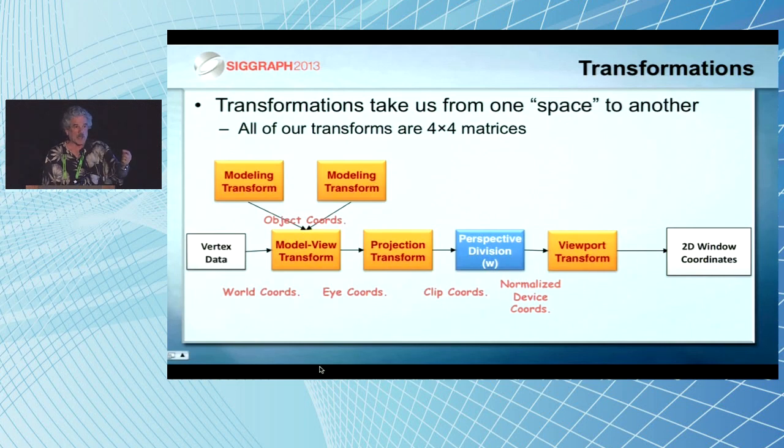So it's going to be one line. I'm going to pass in as a uniform variable a model view matrix that I've computed, I'm going to pass in a projection matrix that describes my camera, and then I'm going to carry out the multiplication on every vertex in the GPU.